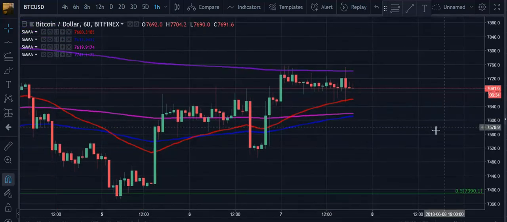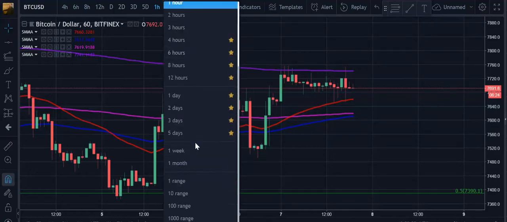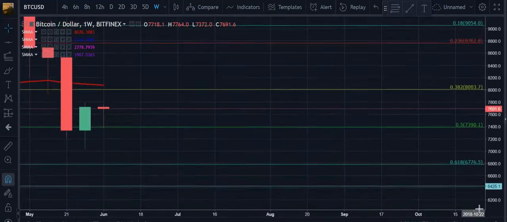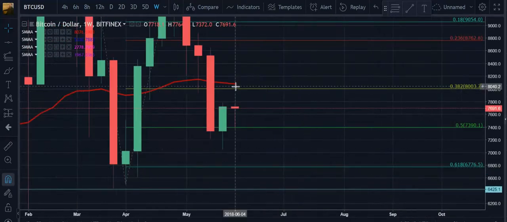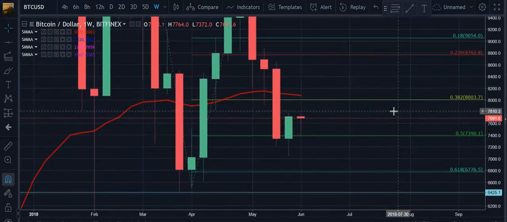I hope it was clear enough for you guys that if you want to go long, I see it as a risky trade. That's why it's aggressive, because at one point, this 8,000 has to be tested, retested as a resistance.